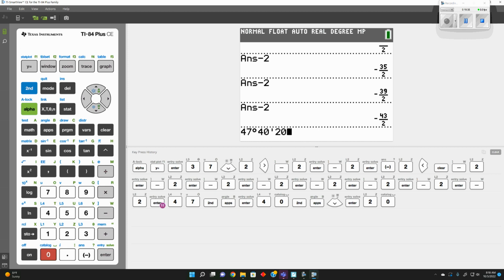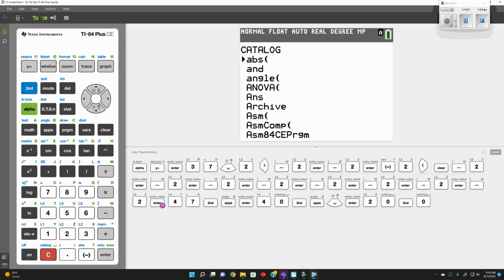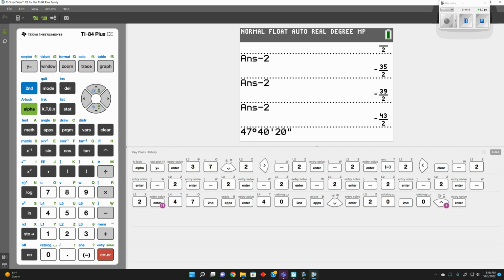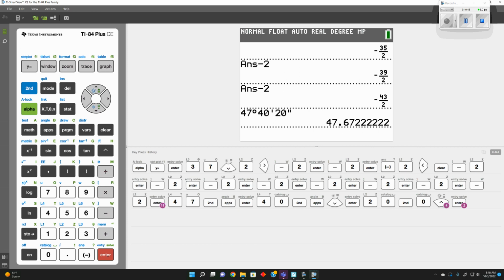Now, for seconds, we have to pull up the catalog and scroll up a few and do this here. Same answer. It gives it to us. So we could do it either way. It's just whichever way you remember how to do it. If you forget how to plug it in, we can do the divided by 60 for the minutes, divided by 3,600 for the seconds, and we get our answer.